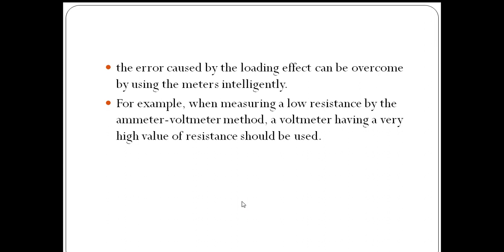By taking the voltage and ammeter readings, we calculate R equals V by I. In that, we have to choose a voltmeter which has more resistance, so that the measurement is appropriate, because the voltmeter in the parallel branch does not draw any current when it has high resistance.